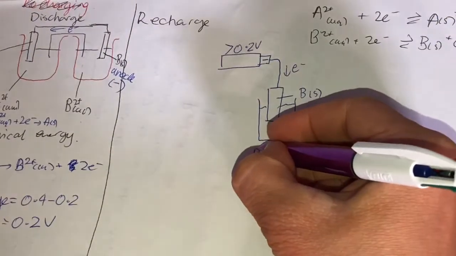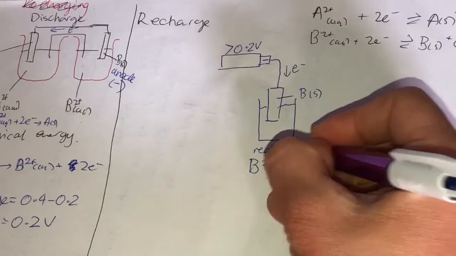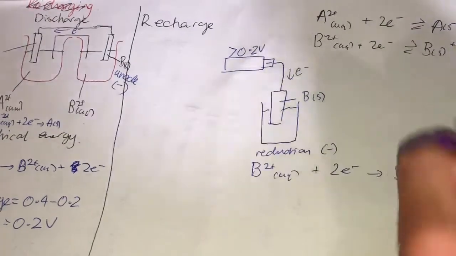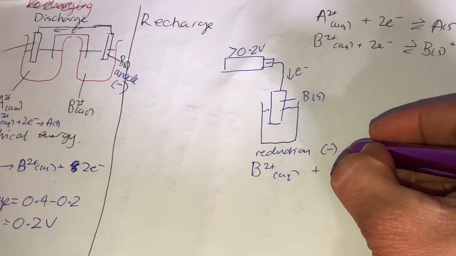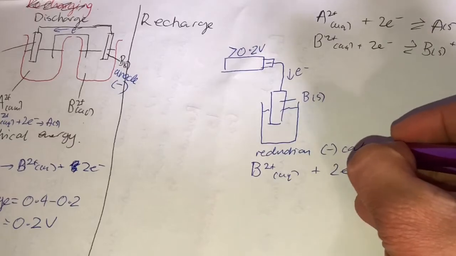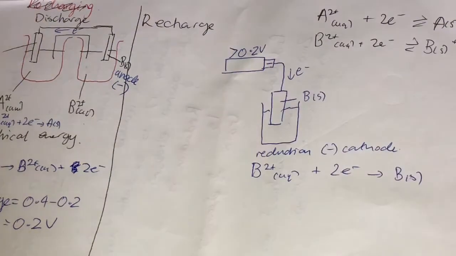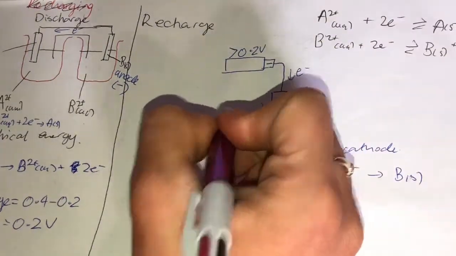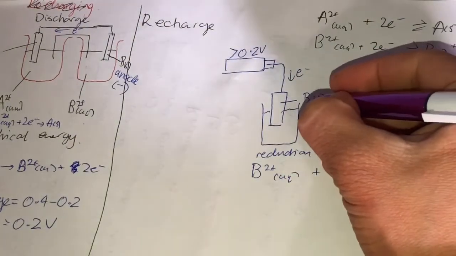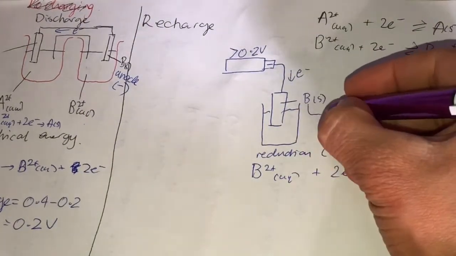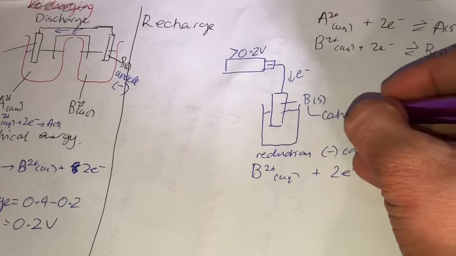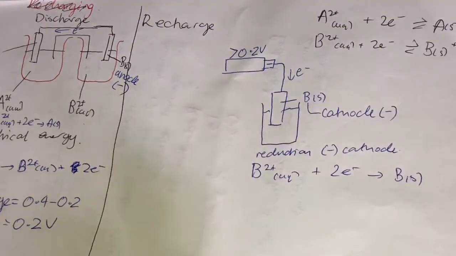Which is reduction, and in this case, it's at the negative cathode because it's where reduction is occurring. Okay, so now B solid is the cathode and it's negative.